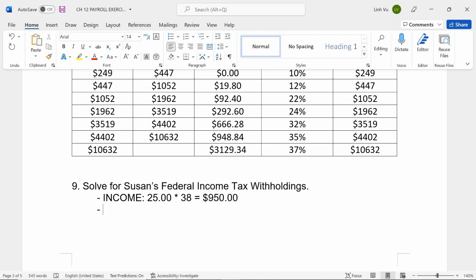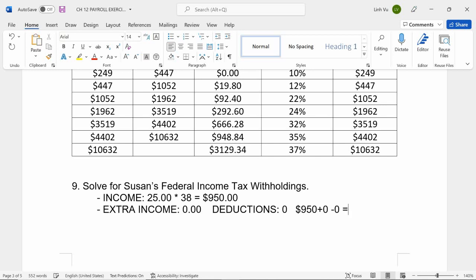This is her only job. Does she have extra income? No. Does she have any deductions? No. So therefore, you're going to take the 950 plus 0 minus 0.